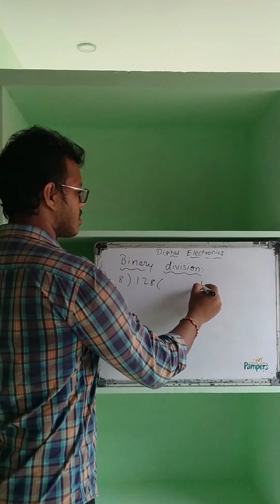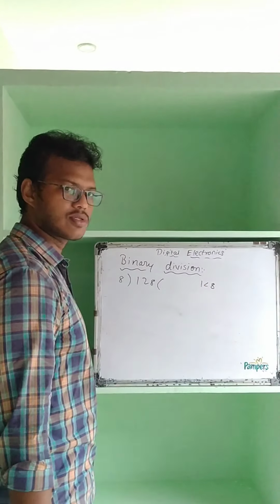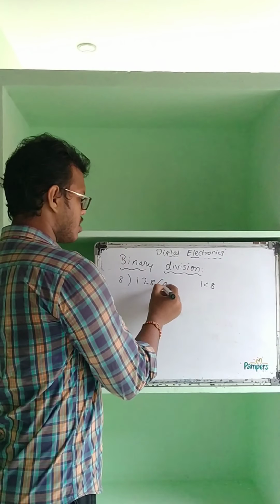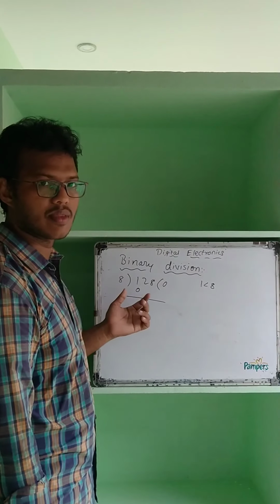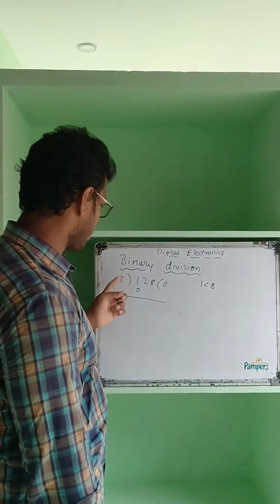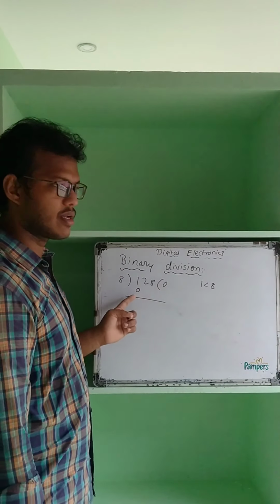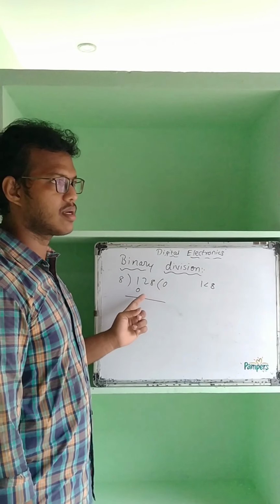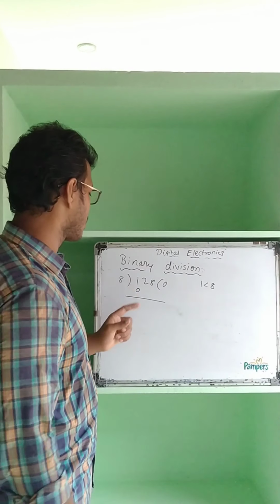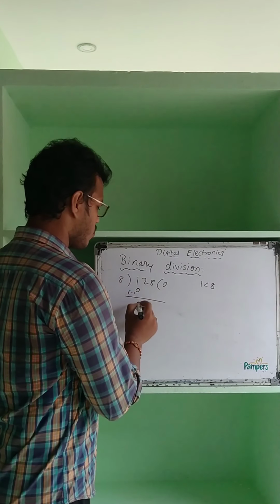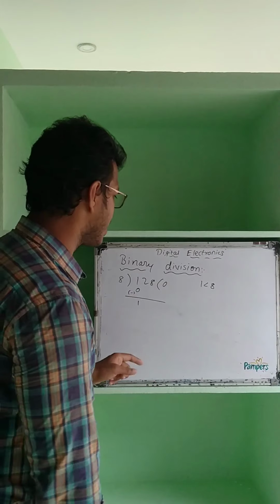Here 1 is less than 8, so 0. 0 into 8 is 0, the remainder is 0. So subtract, 1.